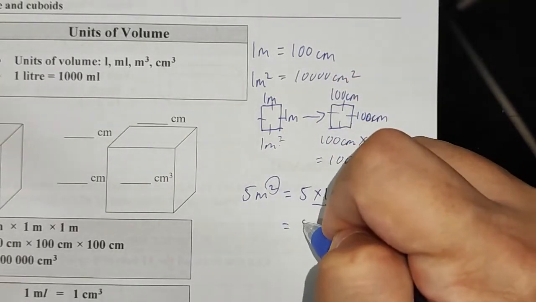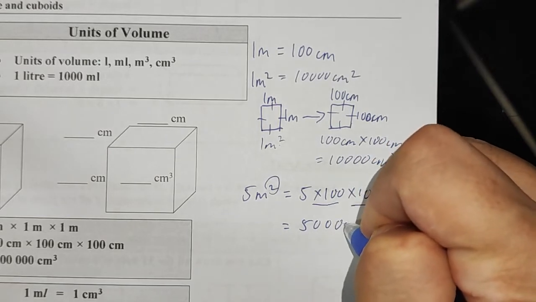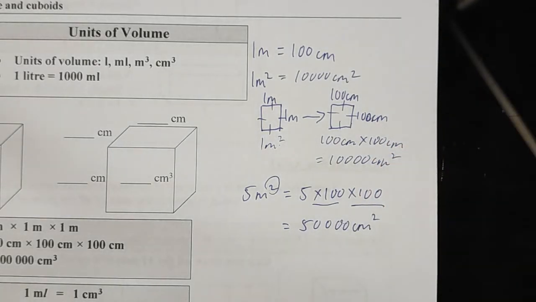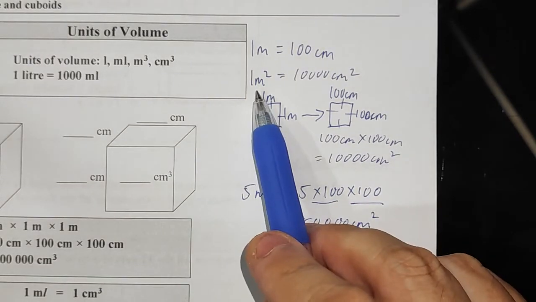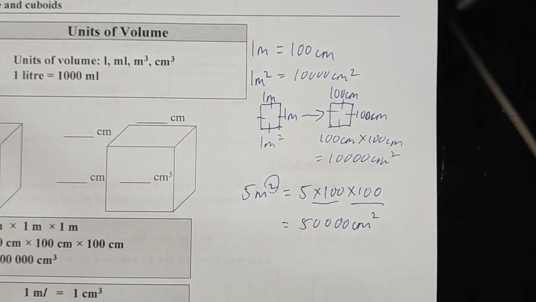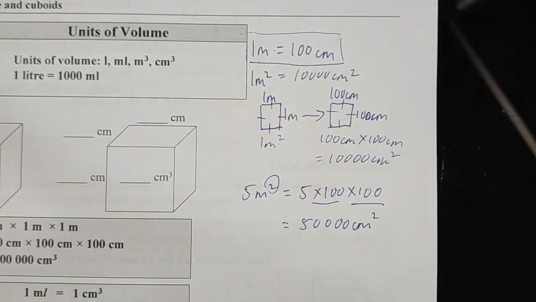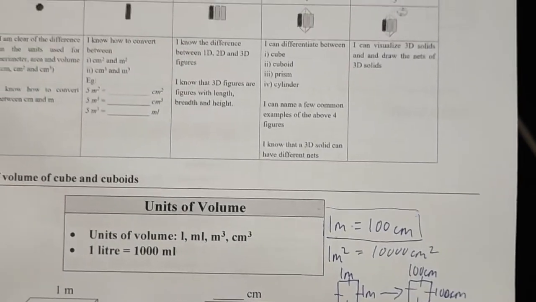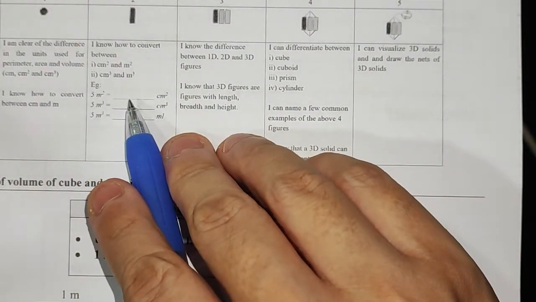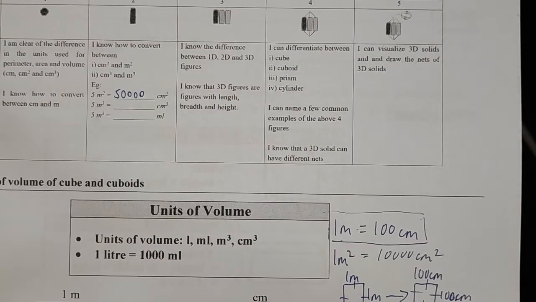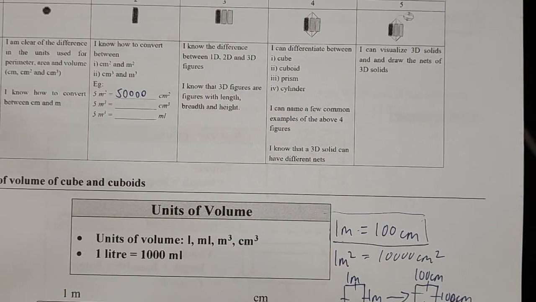I end up with 50,000 centimeter square. So you do not really need to remember that 1 meter square is 10,000 centimeter square. You just need to recall this knowledge and use it. You can fill in your notes here: 5 meter square is 50,000 centimeter square.